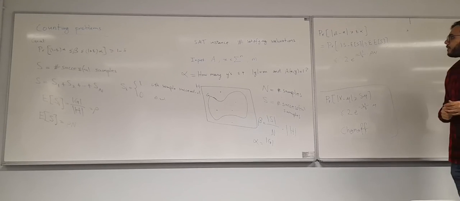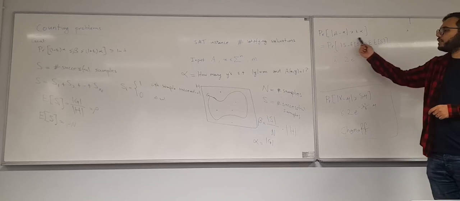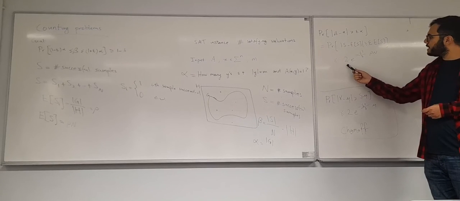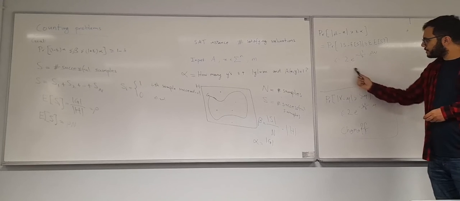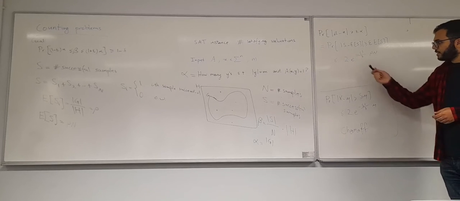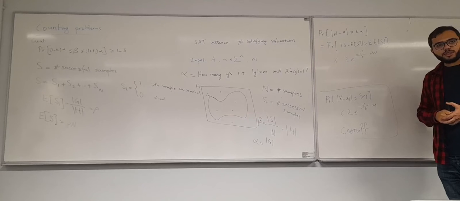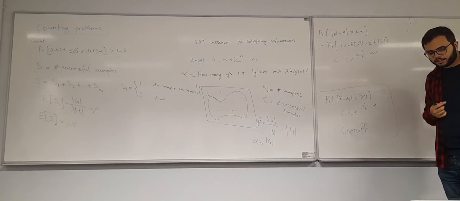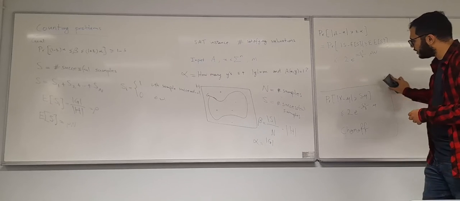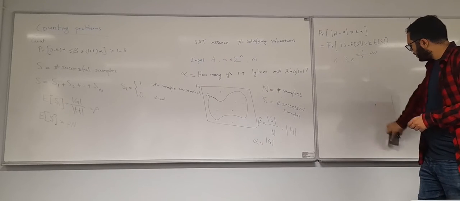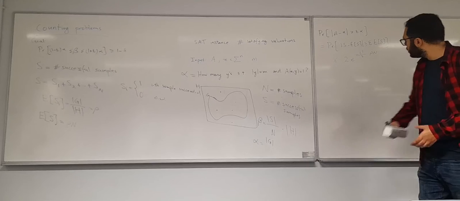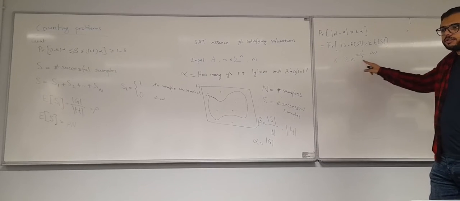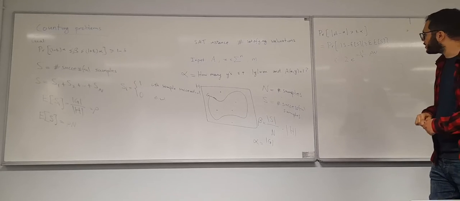So this was my probability of failure, and now I have a bound on it. I know that the probability that my algorithm fails is at most this much. But I want this bound to be at most delta, remember? So delta was the maximum probability of failure that I could tolerate. So I just say what happens if this is exactly equal to delta, or if this is less than or equal to delta.